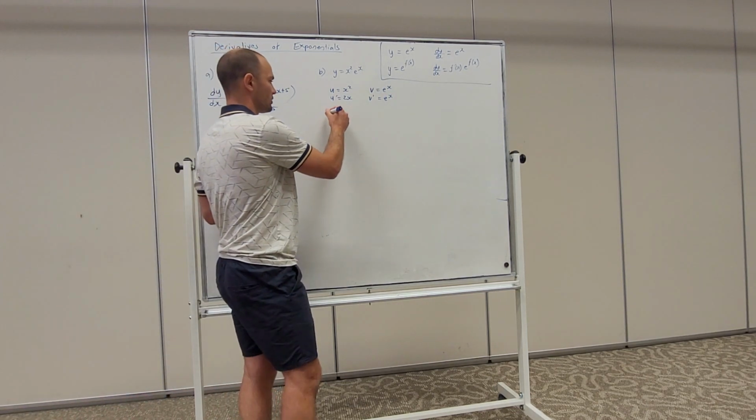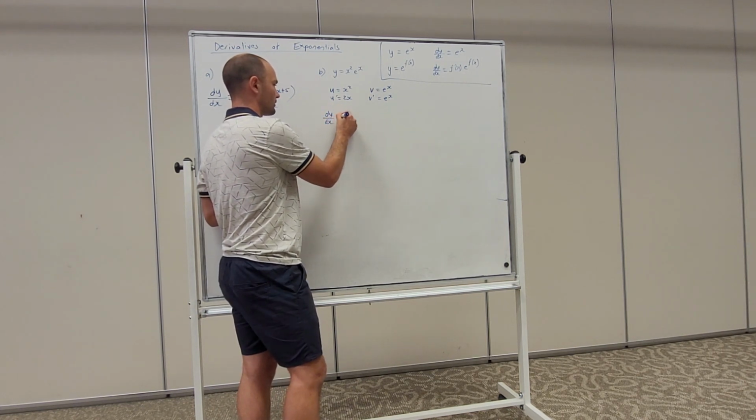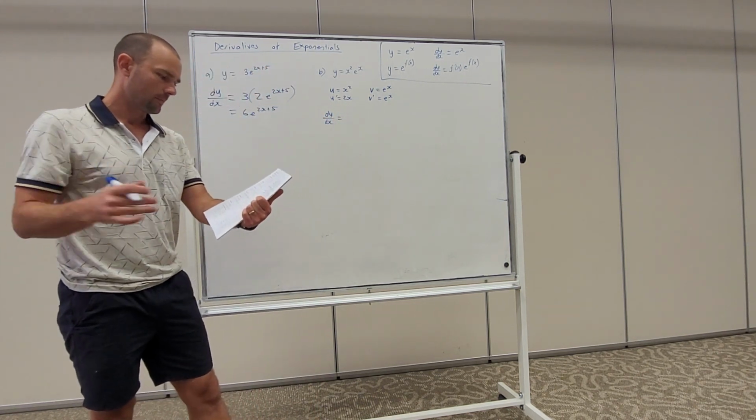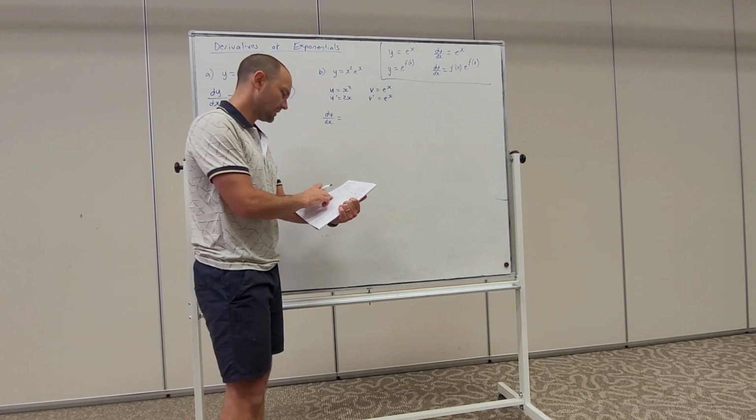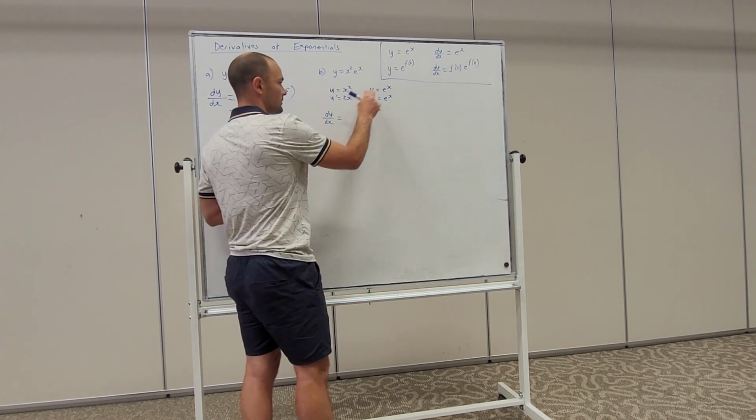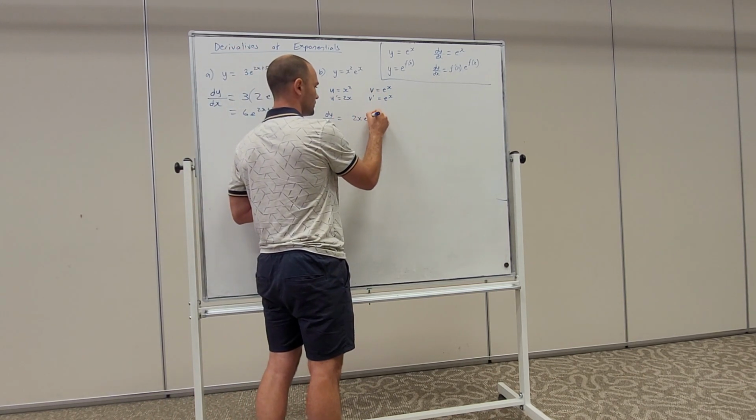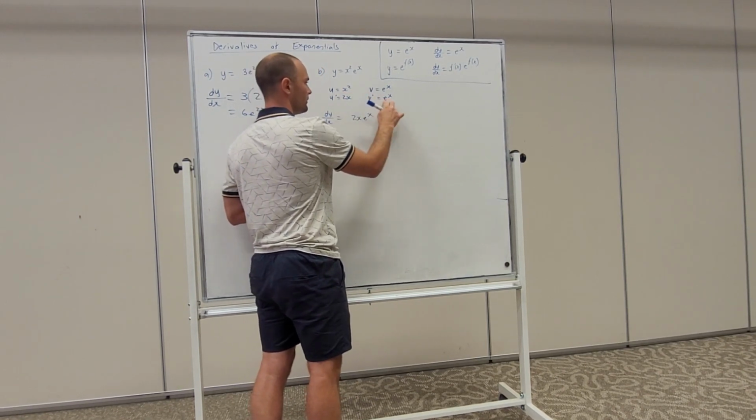And then we just smash them together according to the product rule. If you can't remember, look at the back. It will be u dash v plus u v dash.